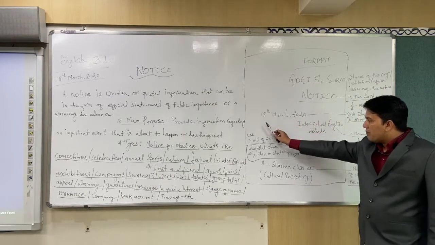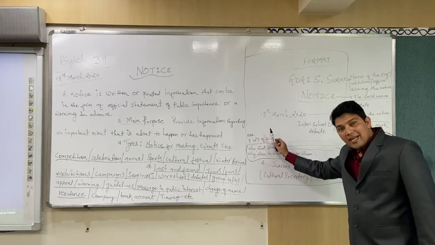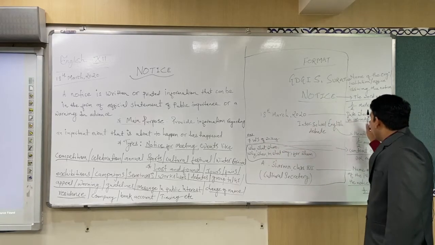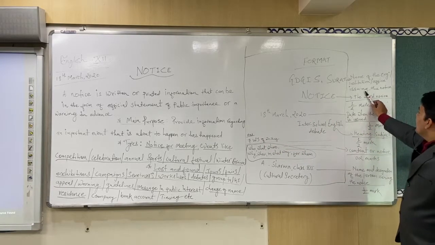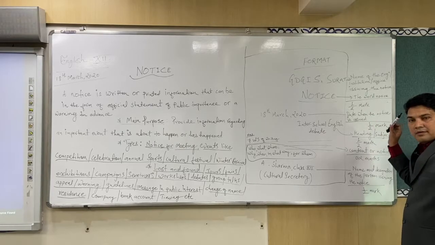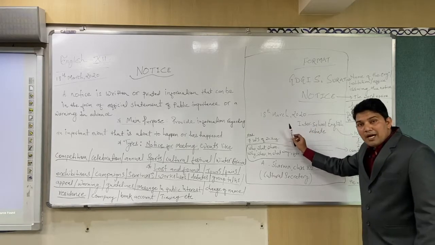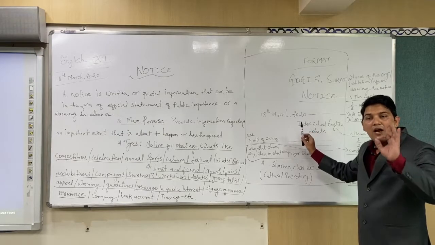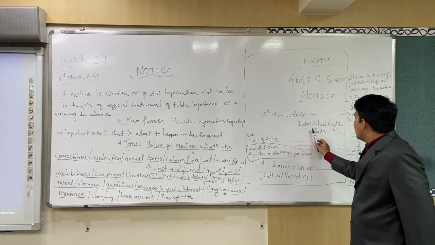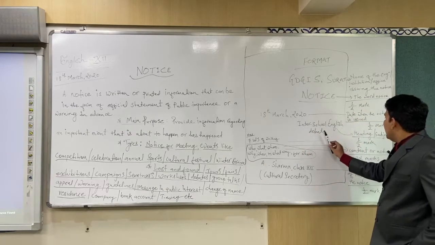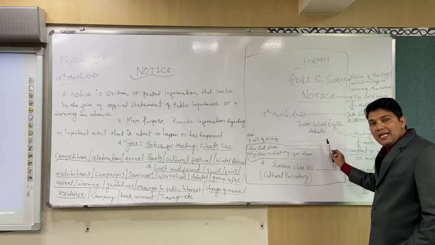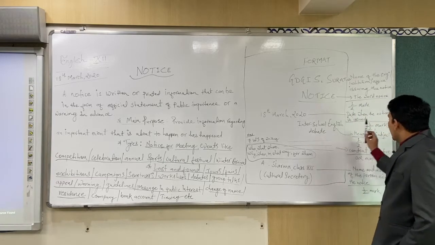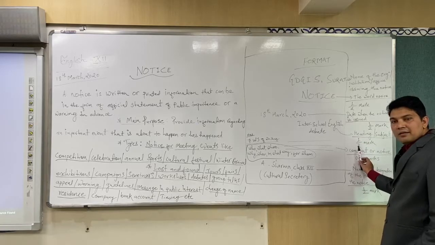Then if you write the date properly on the left side, you will again obtain half mark. Keep in mind, only for the date you will obtain half mark. Inter-school English debate, if you write this heading, this subject, properly, you will obtain half mark.